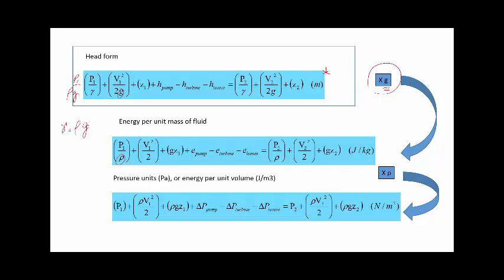So now what we have is an expression of energy per unit mass of fluid. Okay, so this is the expression in joules per kilogram. If it was in the US customary system, then it would be pounds force per pounds mass.